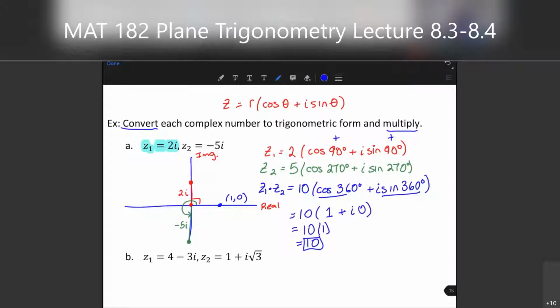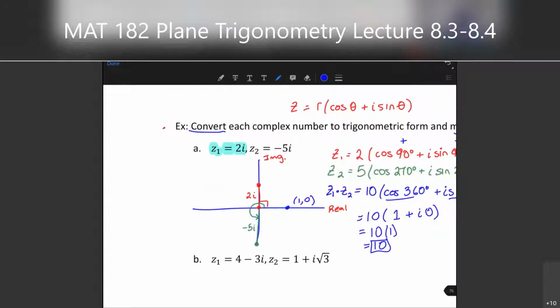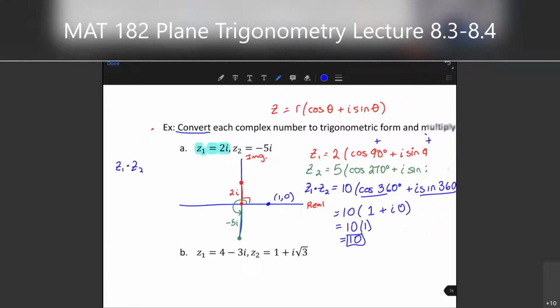Now, just to confirm, this is just another way you can work with these complex numbers. In this case, it's probably even easier to just do the product with the complex numbers themselves. So if we try that, we can say that z1 times z2 is going to be 2i times negative 5i.